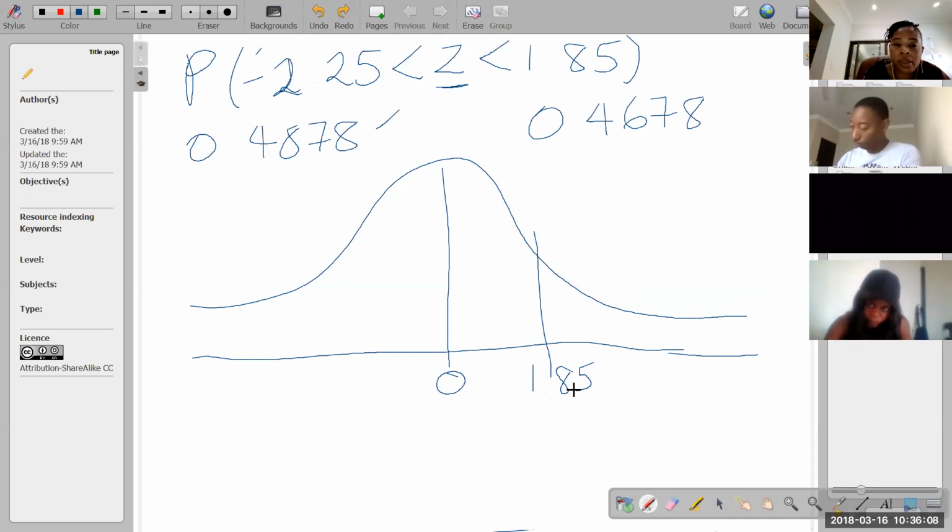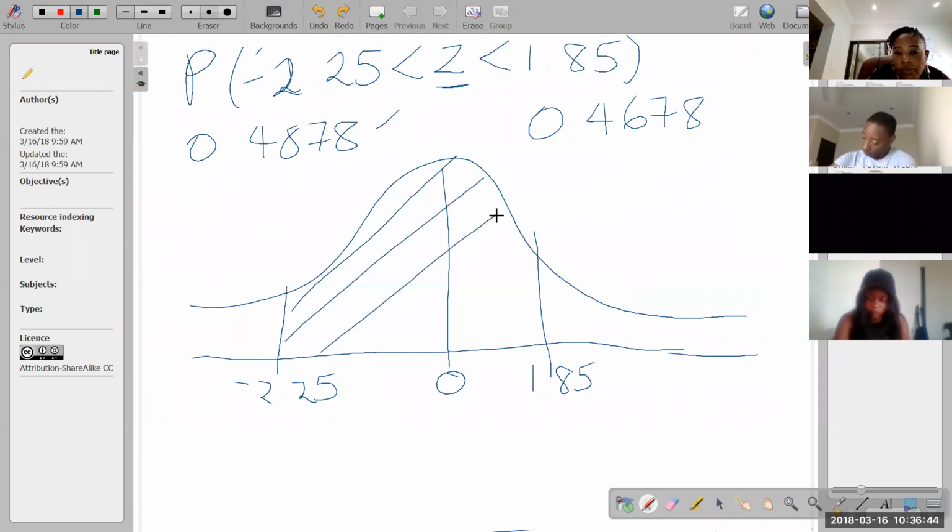We're going to mark our minus 2.25, and because it's minus, it's going to be on the left-hand side. So what we need is this area in between.